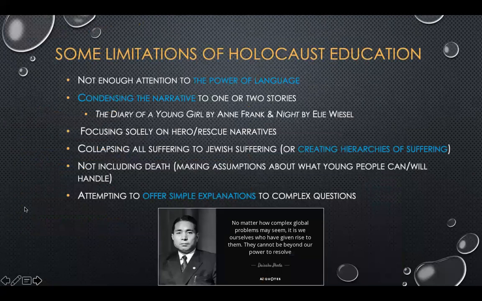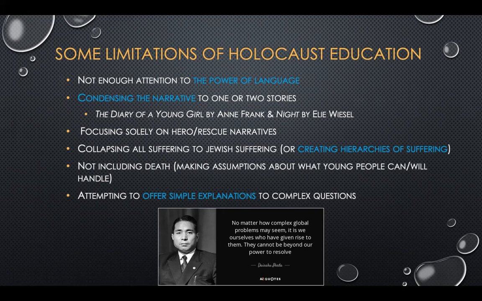So some limitations of Holocaust education at the moment are, one is that there is not enough attention paid to the power of language. And I don't think this is just in Holocaust education. I think this is in education across the board. When we think about language and labeling and discriminatory laws, and we think about systems of oppression and how they get passed along, and we think about the euphemisms that were used, like the marital health law, sounds good, but what it really did was suggest that no one could marry a Jew.